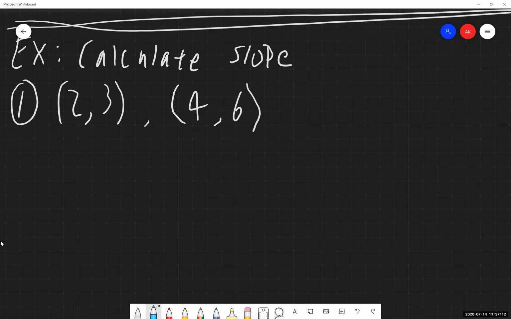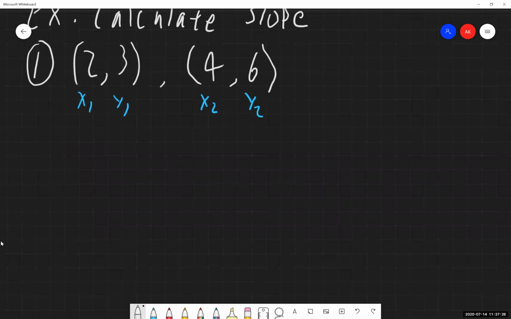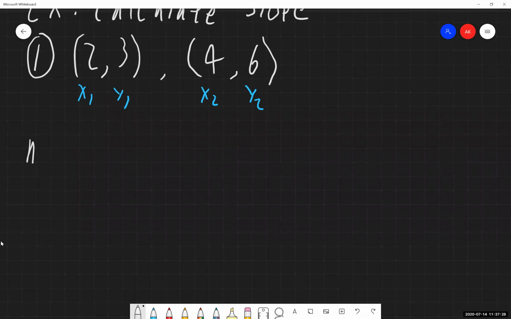So I am going to choose to label my first point here x sub 1, y sub 1, and the second x sub 2, y sub 2, just like we have that there. Now I'm going to write up my general equation for the slope, which is y2 minus y1 over x2 minus x1.